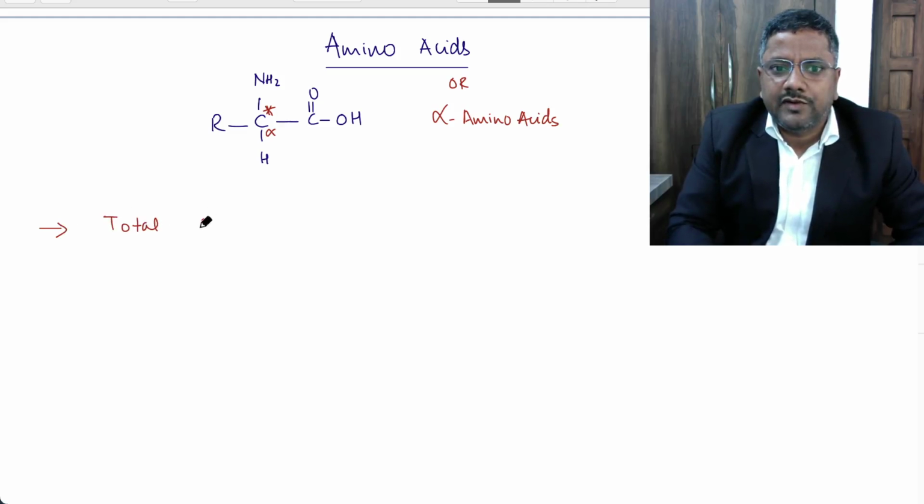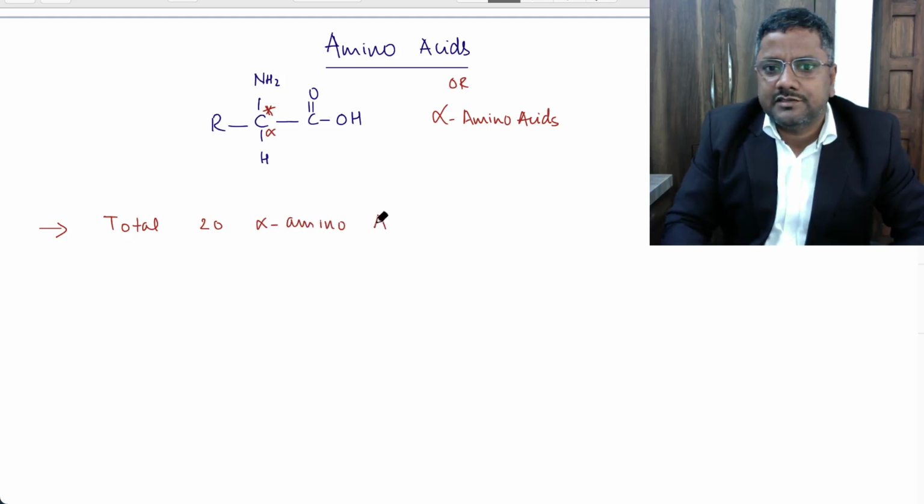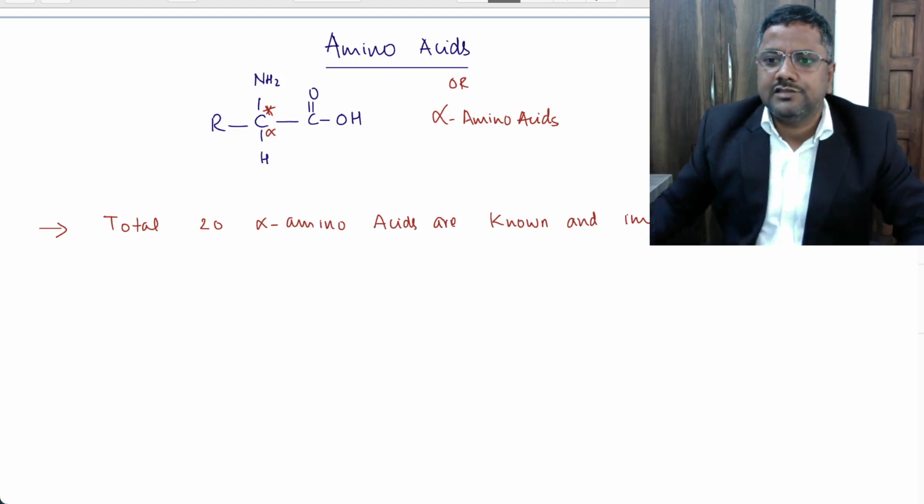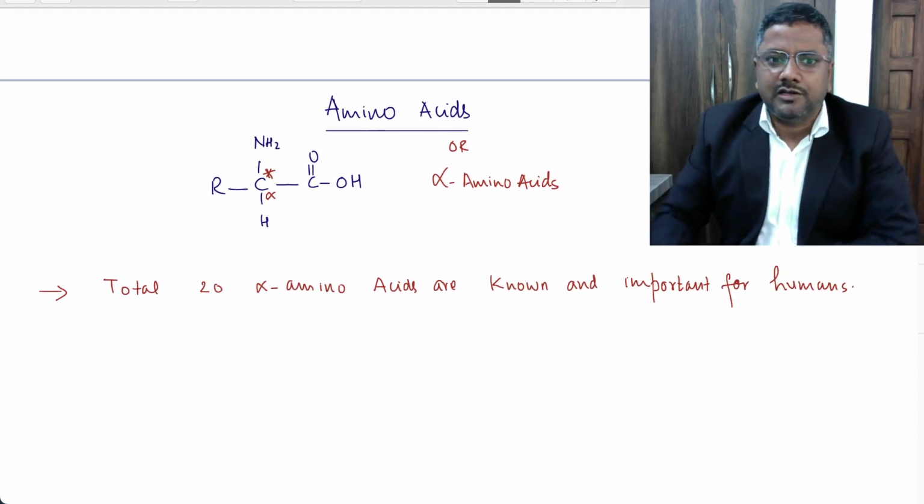Total 20 alpha amino acids are known and important for humans, right?